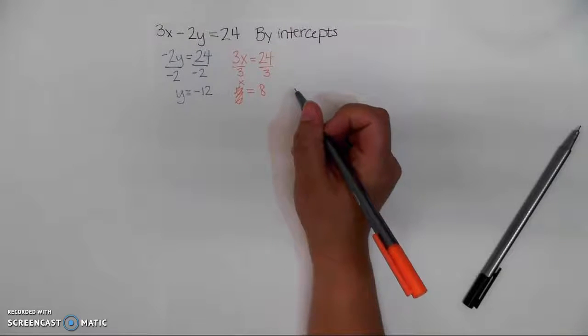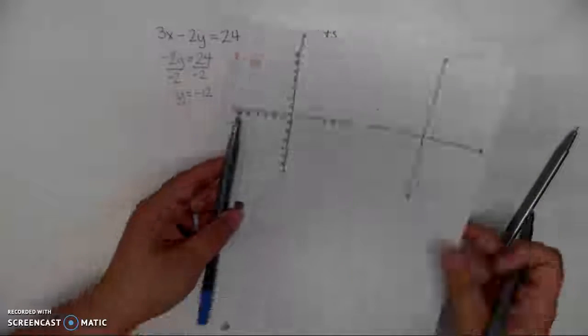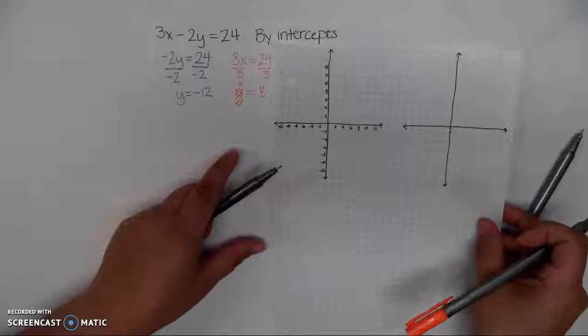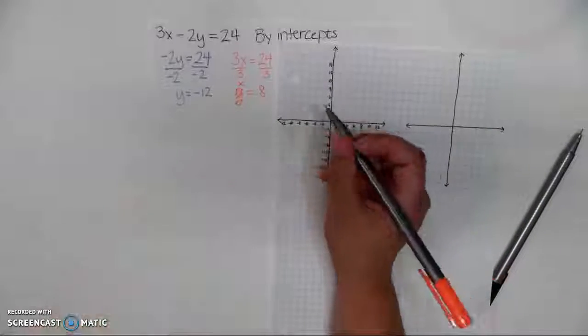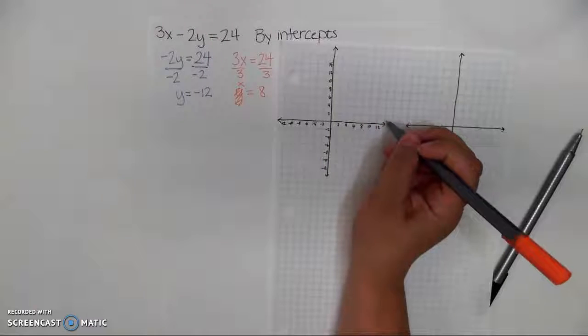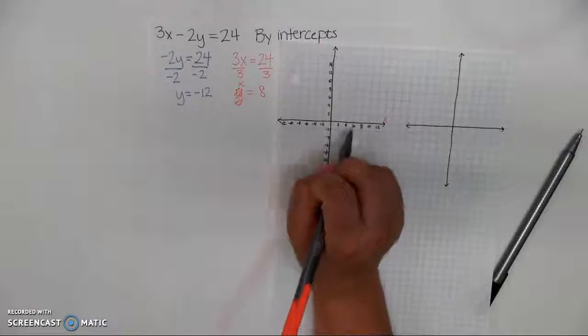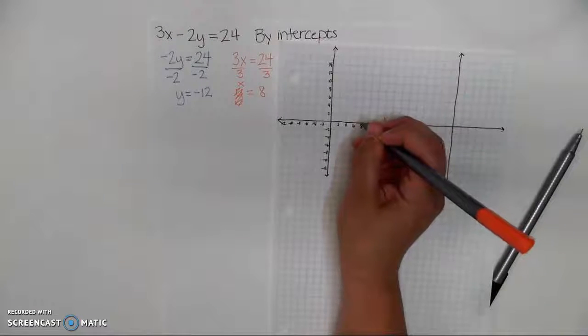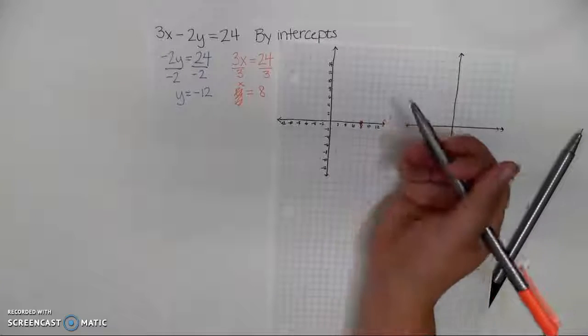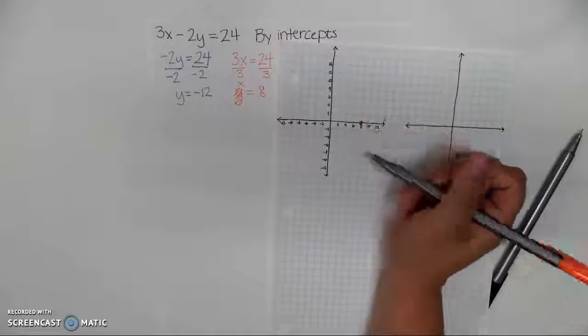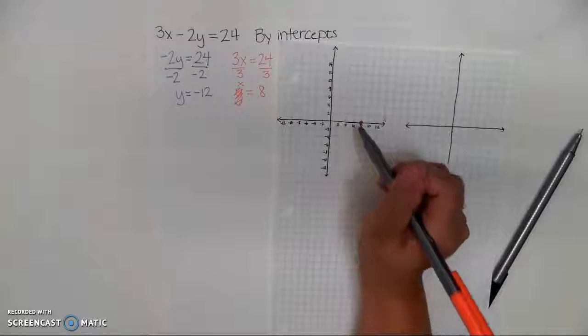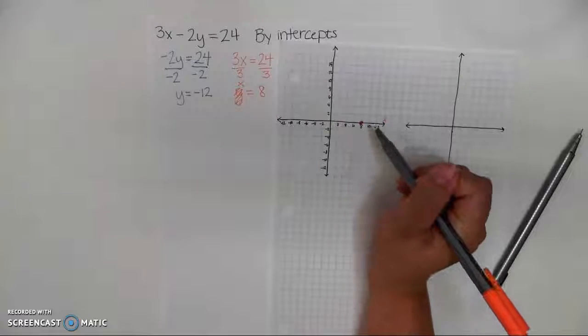Okay, so I'm going to take my graph paper now, and I am going to graph this by intercepts. So on my x-axis, which is the horizontal axis, I'm going to put a dot on 8. You'll see that I've already numbered my coordinate plane by 2's. Okay?